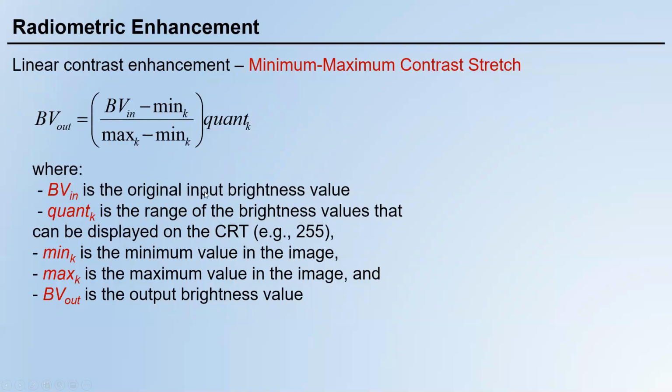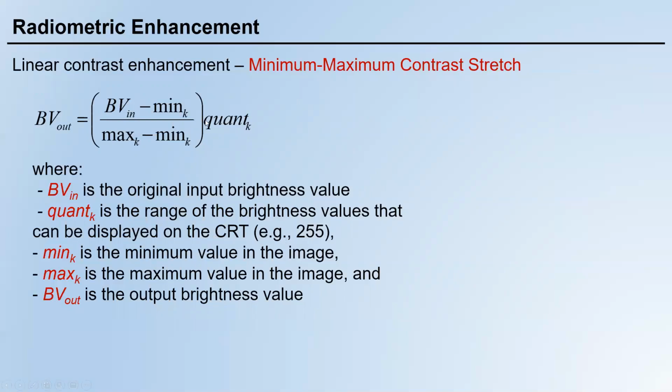BV in is the original input brightness value, or the pixel value before the enhancement. So quant K here is the range of the brightness values that can be displayed on the CRT or on any screen. CRT is a very old type of screen. We don't use it today, but it's from the textbook. But let's just call it screen, or simply CRT.